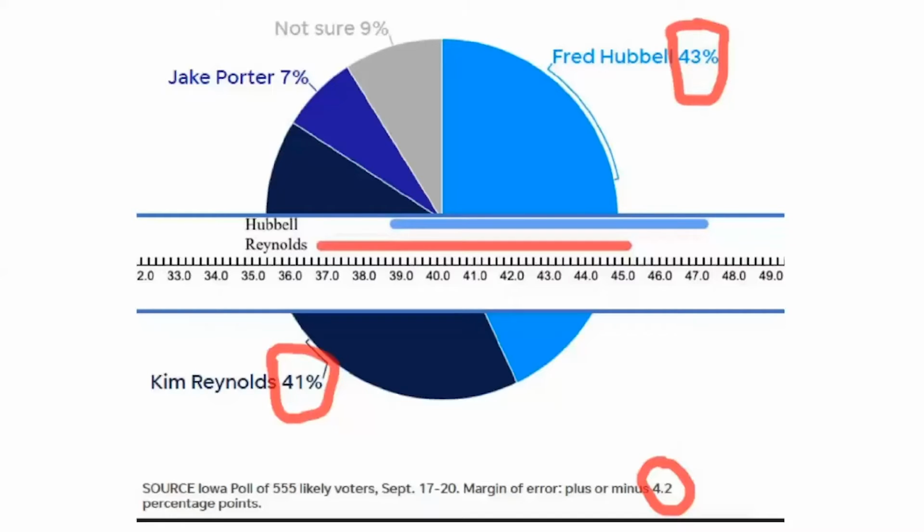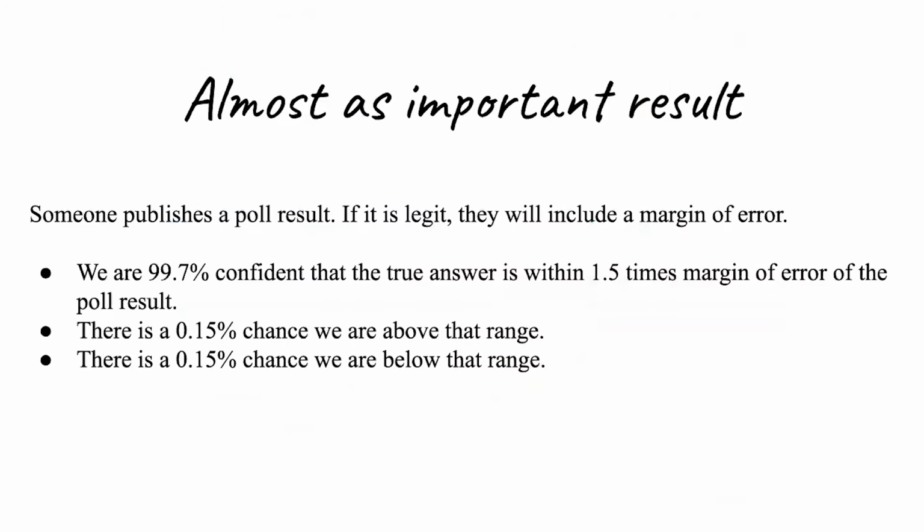What if you want to be more than 95% sure of a poll result? 95% is cool if you're just sitting around trying to predict things. But if you're really taking this seriously, you can get 99.7% accuracy. So someone publishes a poll. If it's legit, they will include a margin of error.